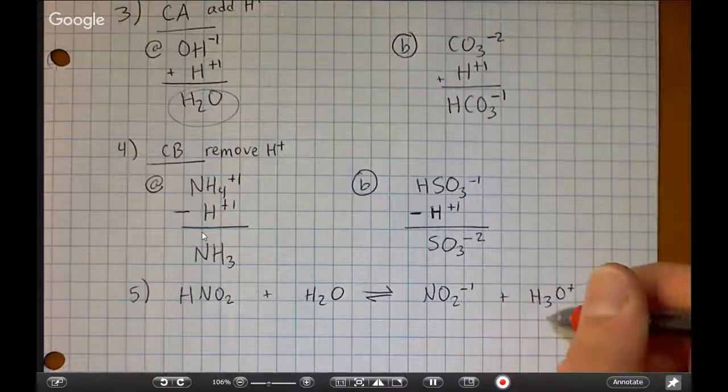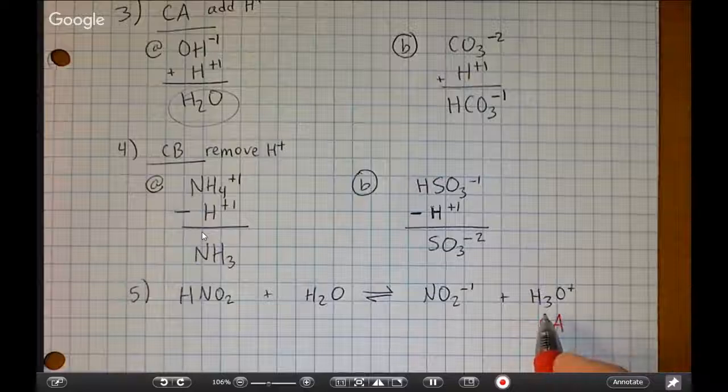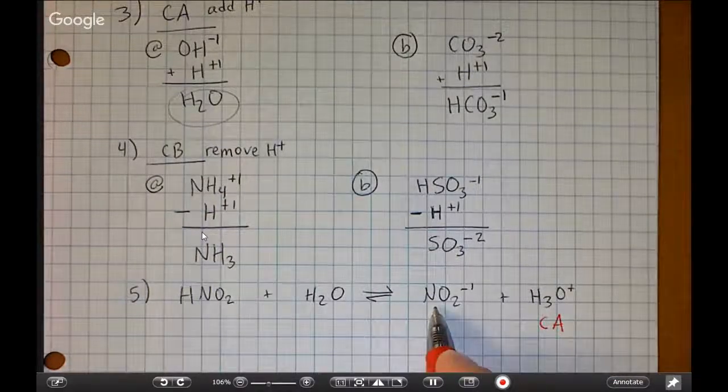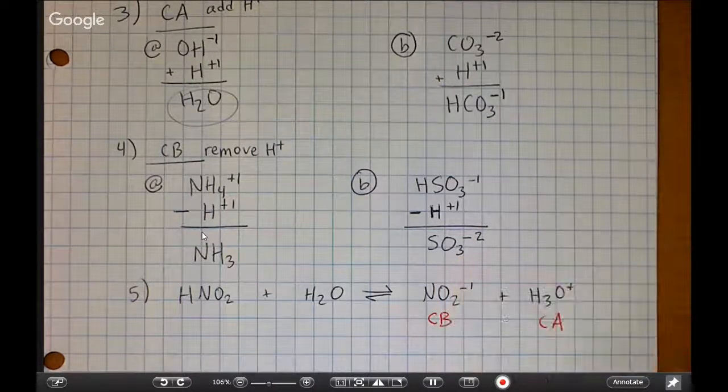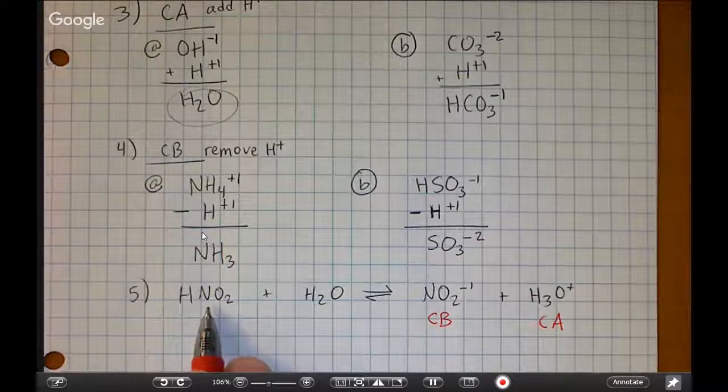Yeah, hydronium is going to be your conjugate acid. It has the H. Remember, our acids are going to have an H. The NO2 minus has no H, therefore it cannot be acidic. But if it's not acidic, it means it's the base. So we label it as conjugate base. So based on that information, is HNO2 an acid or a base?